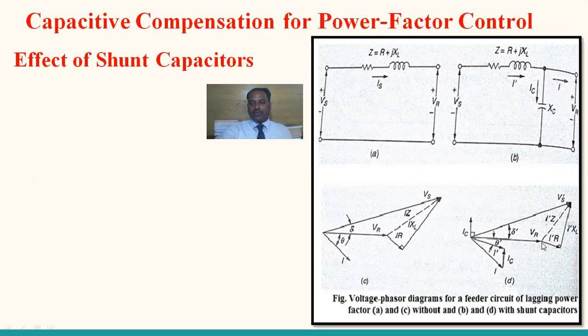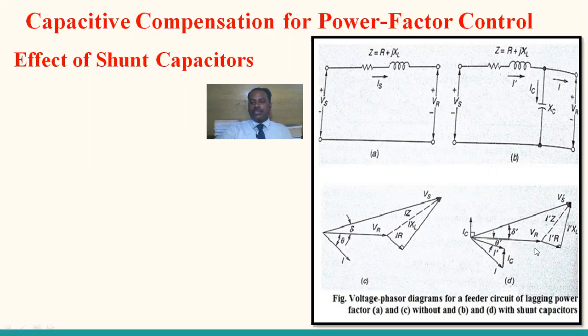See the receiving end voltage and the original lagging current. Due to the capacitor installation, it draws some current, which is leading in nature. So the resultant current is the new current, which is I dash. Because the original is lagging and the capacitor current is leading, the net resultant current is slightly lagging, but the angle between voltage and current is drastically reduced.